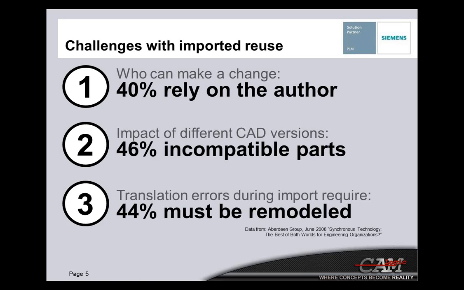First, many suppliers use history-based CAD, which requires models be built and edited a certain way, making it a struggle to quickly alter existing designs for new uses. In fact, 40% of the respondents claim that traditional history-based systems require the original designer to make the change. That means long turnaround times.